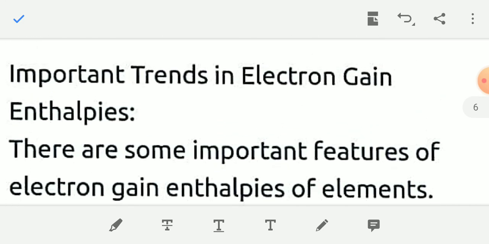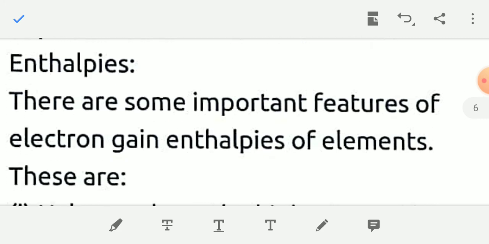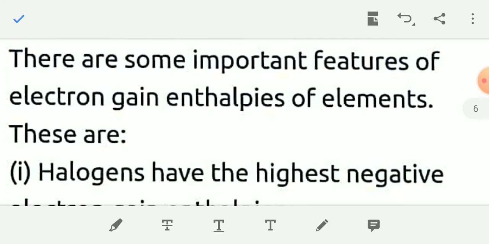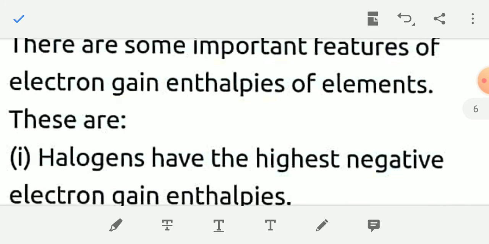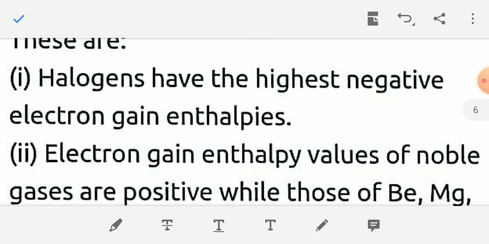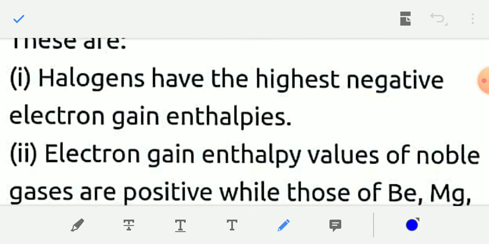Now, important trends in electron gain enthalpies. There are some important features of the electron gain enthalpy of elements, and these are: halogens have the highest negative electron gain enthalpy, and the electron gain enthalpy or electron affinity of chlorine is greater than fluorine.